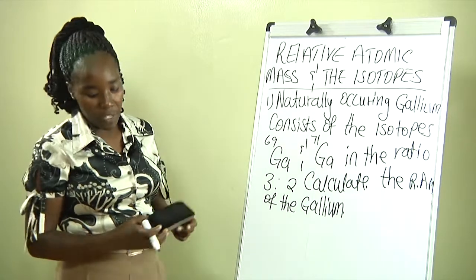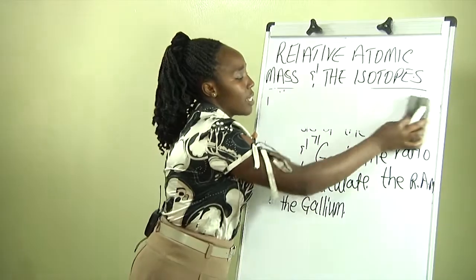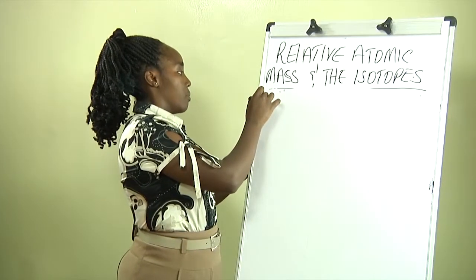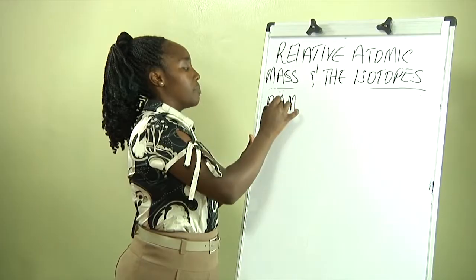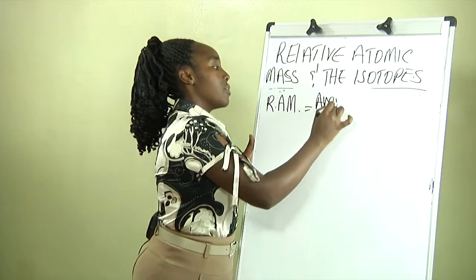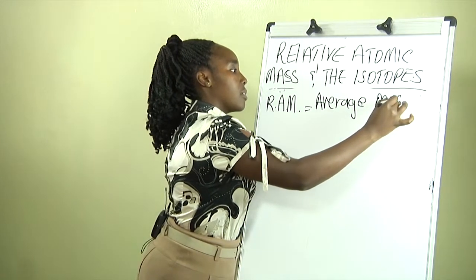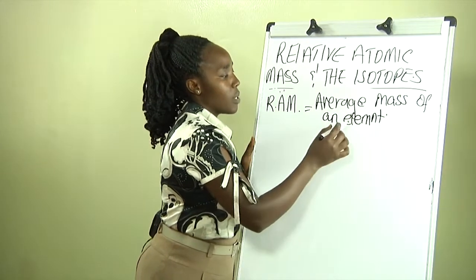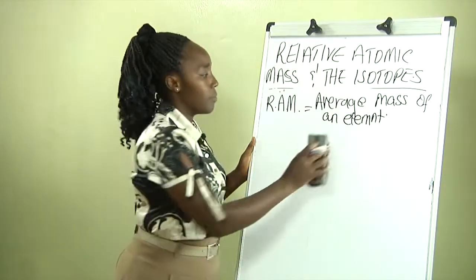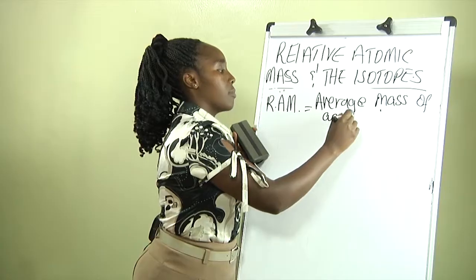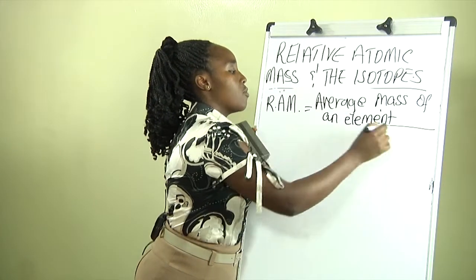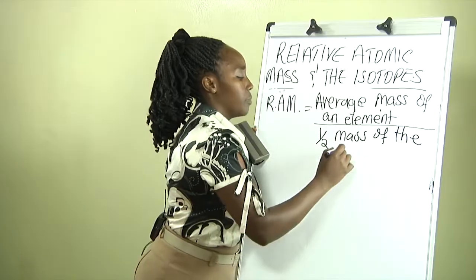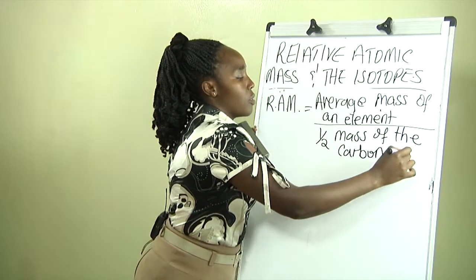As we had said in our previous lesson, we always start this question by writing down the formula of our equation, that is, the relative atomic mass is equal to the average mass of an element over half the mass of the carbon 12.